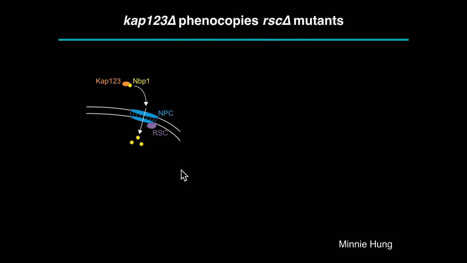So if RSC is affecting nuclear pore complex stability, and this is affecting NBP1 transport into the nucleus, we hypothesize that if we decrease NBP1 transport by a different mechanism, by deleting its karyopherin, CAP123, we should also see the diploidization phenotype.